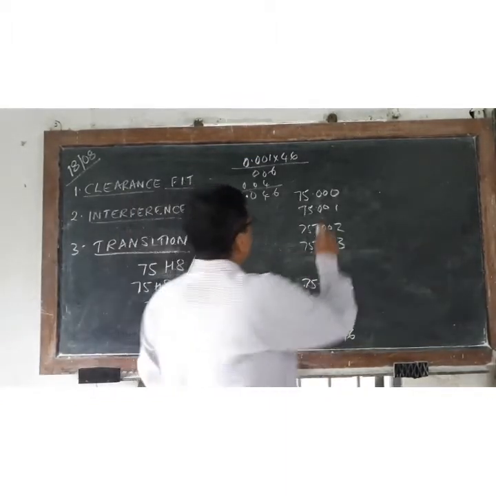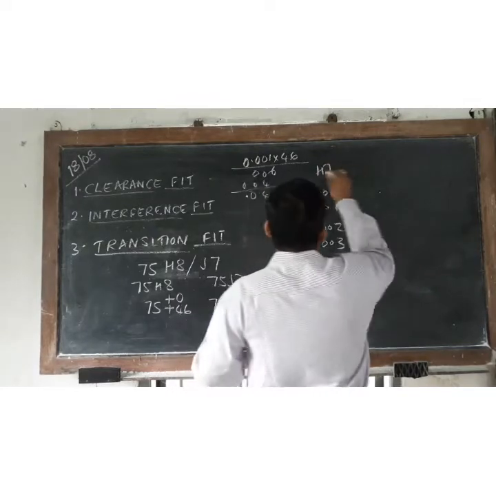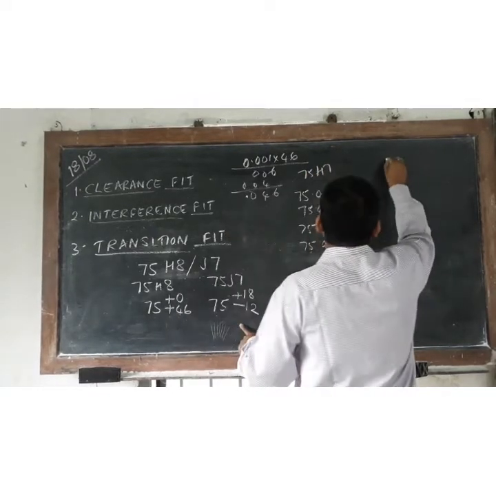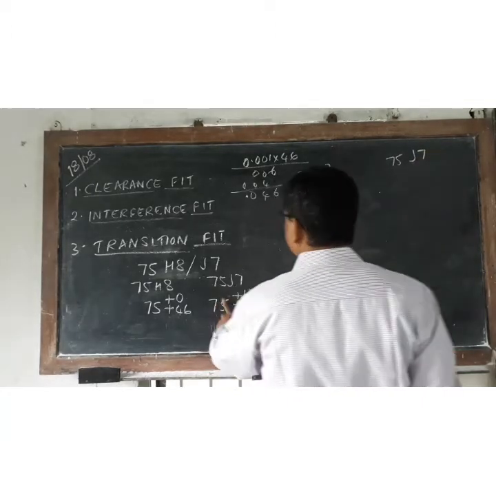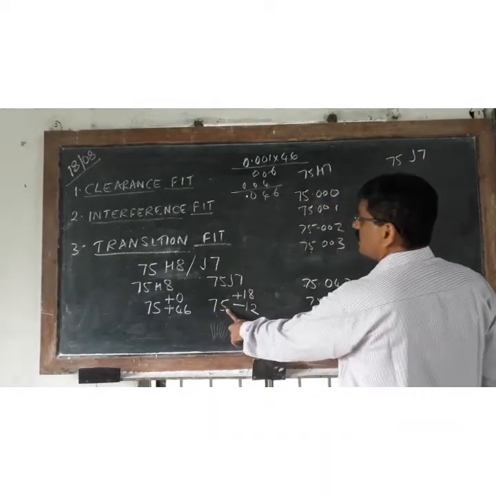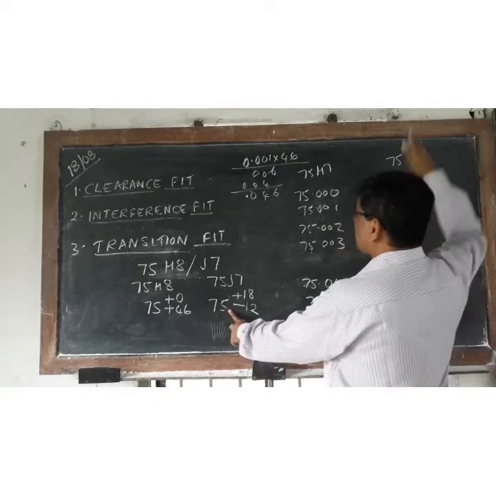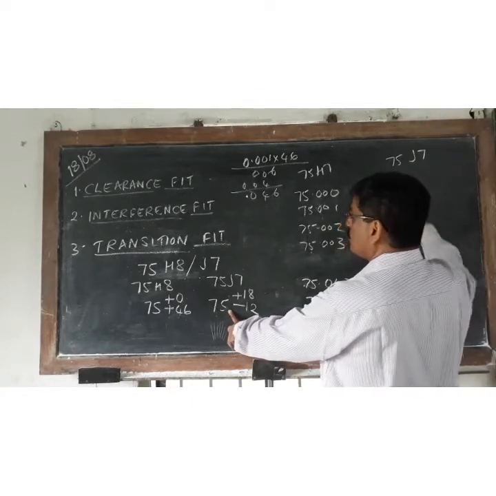Now this is the H8, 75 H8. Now 75 J7. J7 in the sense you see it is on the lesser side. Maximum and minimum I will write.